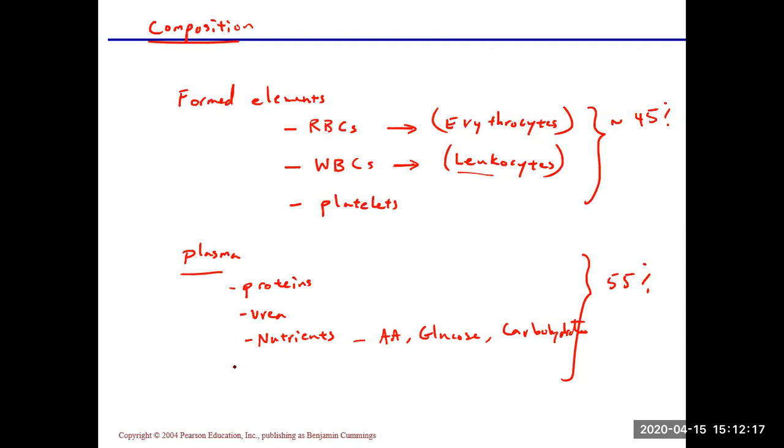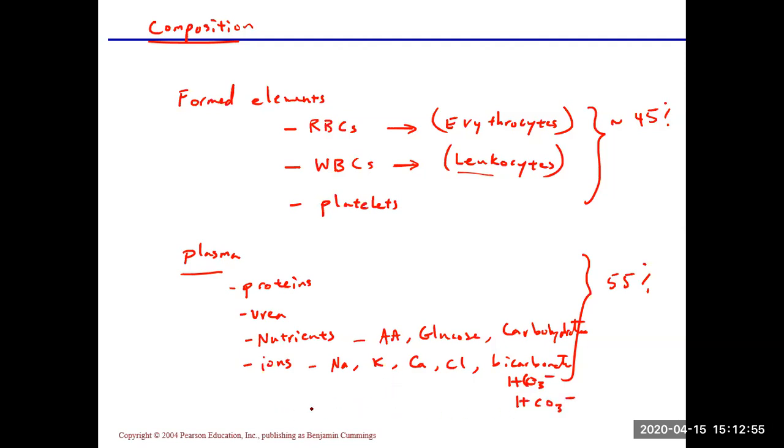Then you have plenty of different ions and electrolytes, some of which are cations, anions, and so on, such as sodium, potassium, calcium, chloride, bicarbonate.